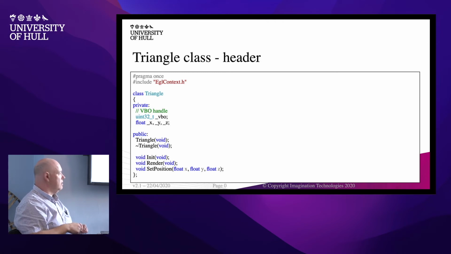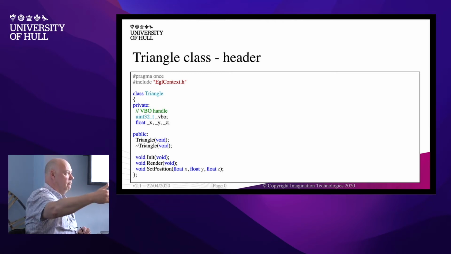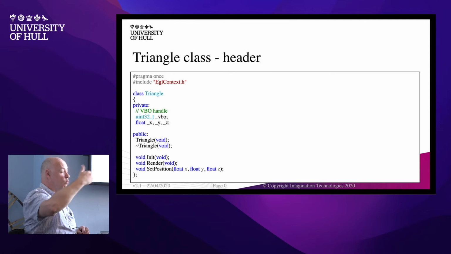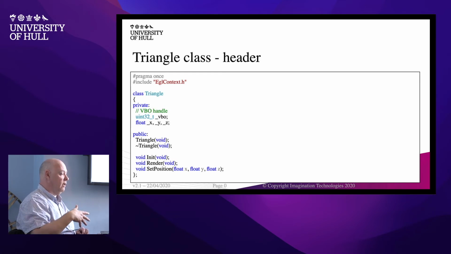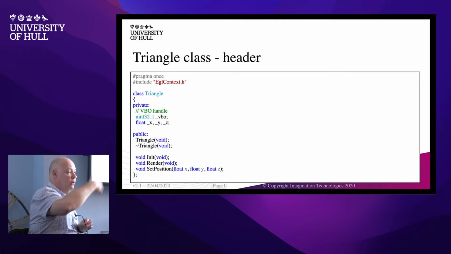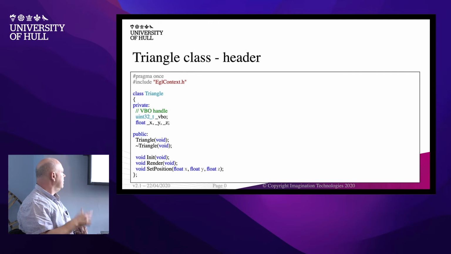And it'll be a positive number, so it'll be 1 or 2 or 3 and so on. So the handles are really, really simple. It's just an integer you get. So we need a variable so we can say, okay, we want to use this VBO now. As I say, it's just a single number, just a 32-bit integer.